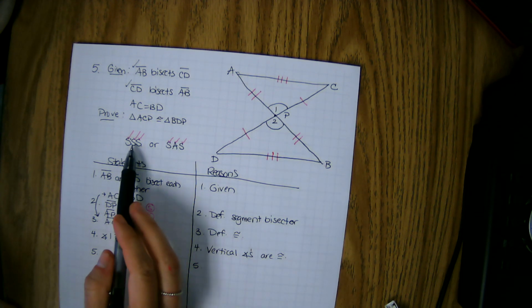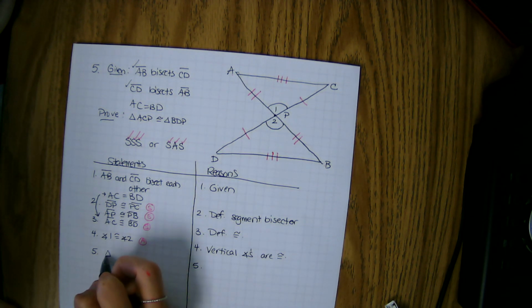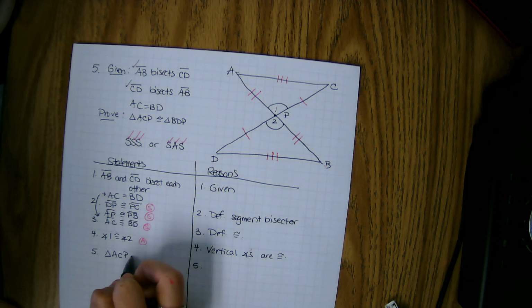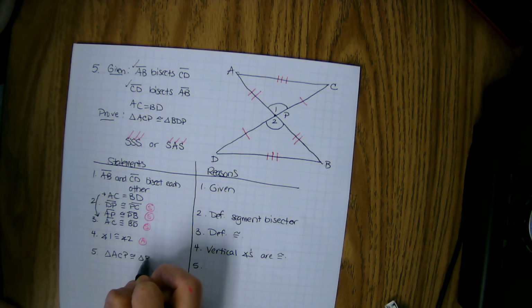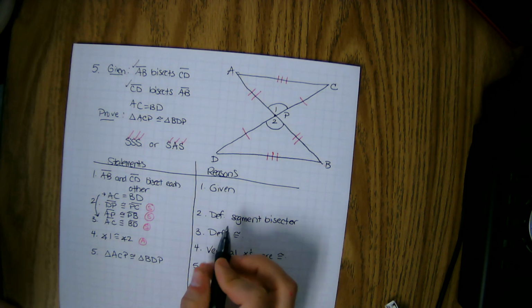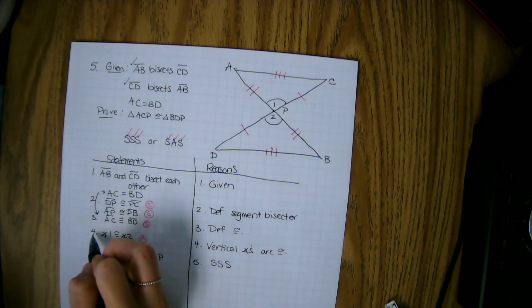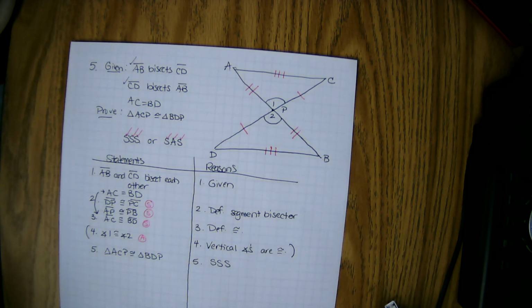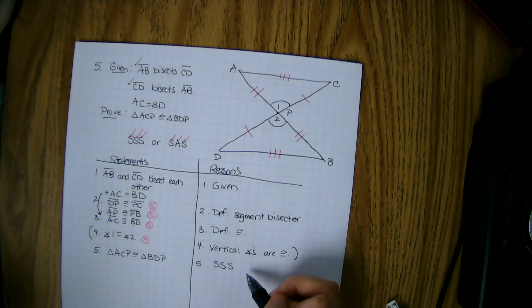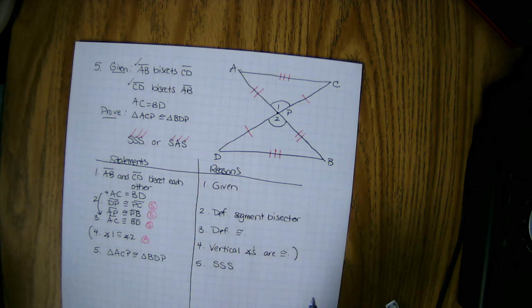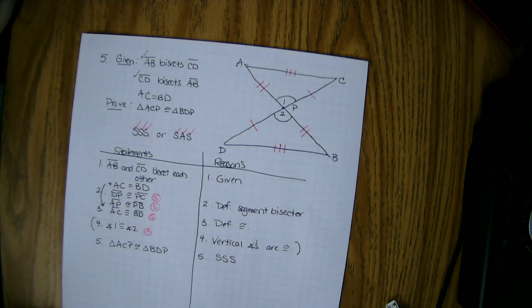Once you have those 3 pieces checked off, now you can say triangle ACP is congruent to triangle BDP. And we only get triangles congruent, never equal. So here, again, you would use whichever method you like. I would have used side, side, side, and then I wouldn't have needed this piece. If you did the vertical angles, then you could do side, angle, side, depending on how you chose to do that proof.